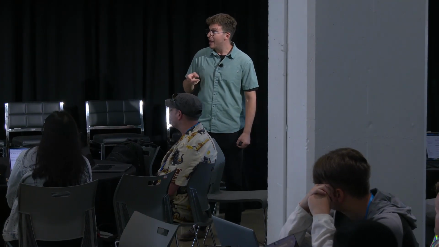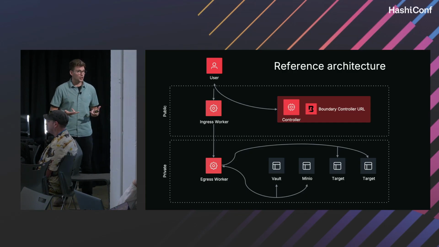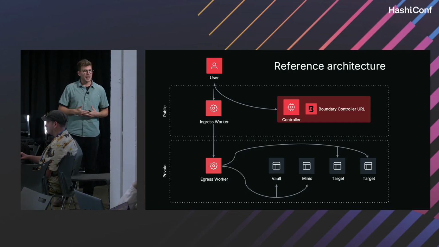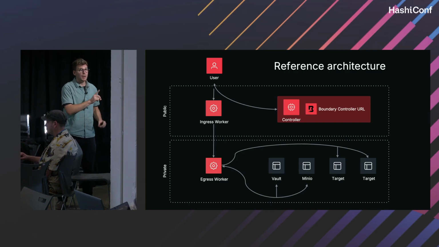In this case, I have a bunch of targets handled by one worker. That's a question of scale: how much load is each worker going to take? That's more of an architecture question of how many workers should be deployed. But Boundary has an intelligent system of understanding how many workers are being utilized, so if you have a pool of workers, it will distribute the load amongst them.